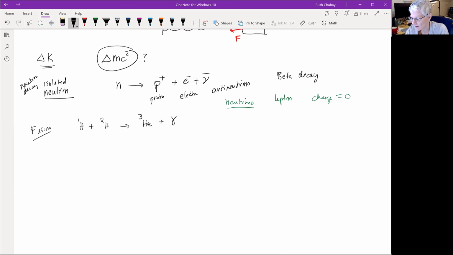I'm writing it as a gamma because it's called a gamma ray. So rest energy changes, and when rest energy changes, the identity of the object changes.